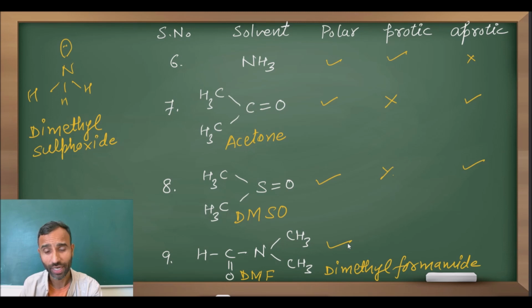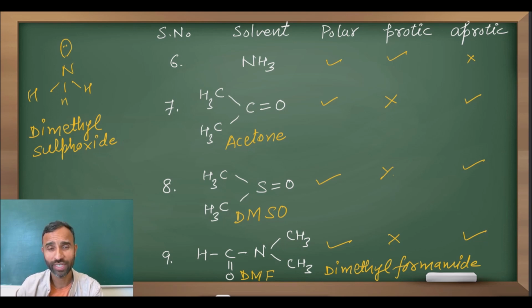But again, hydrogen is not attached to nitrogen or oxygen. This is the trick. If hydrogen is attached to nitrogen or oxygen, that is protic. If hydrogen is attached to an atom other than nitrogen and oxygen, that is aprotic. It is polar but aprotic.